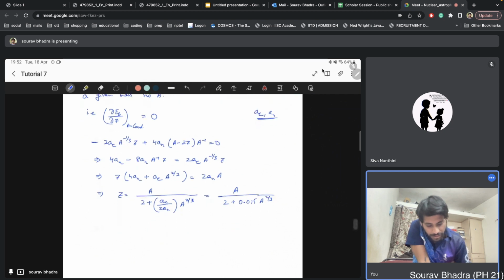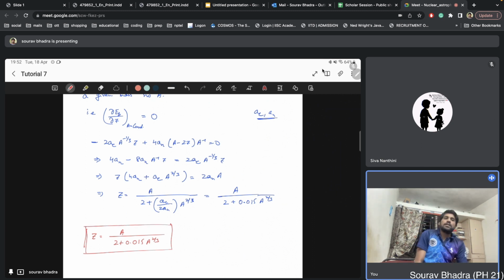This is the most important expression associated with the semi-empirical mass formula: Z equals A by 2 divided by 1 plus 0.015 A to the power 2/3. It gives you the value of Z, the proton number for a mass number A, which tells you which element is most stable according to this law.